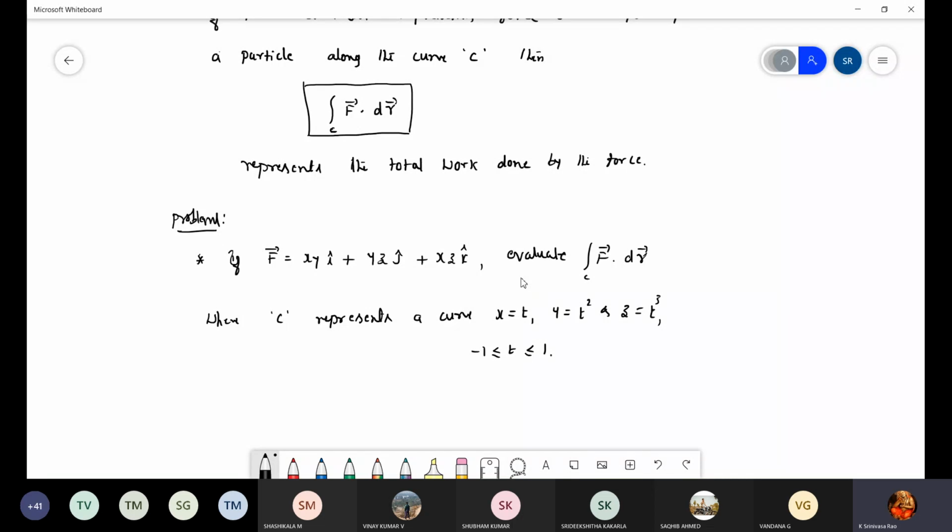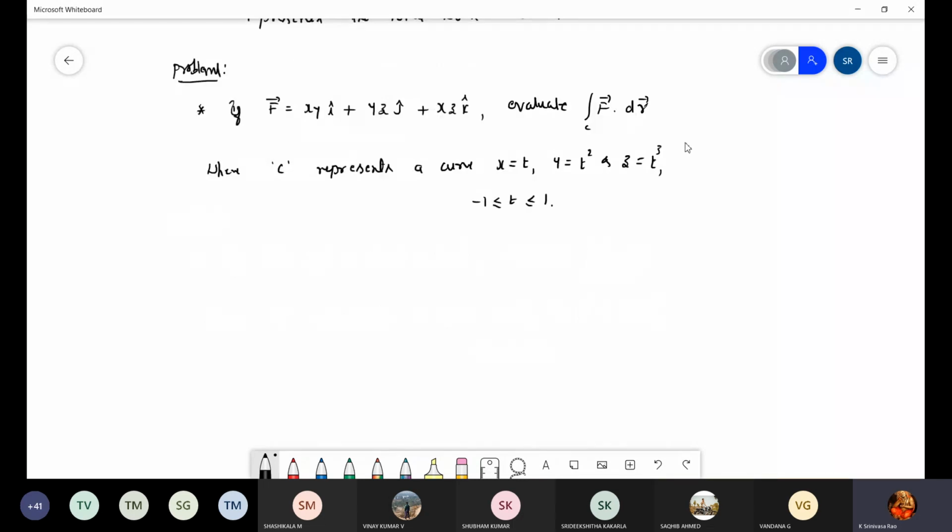One parametric equation is given. So this is the formula, F dot dr, you have to calculate. First, take down the solution.